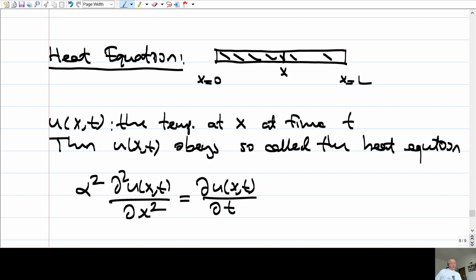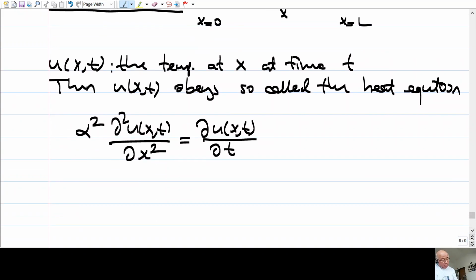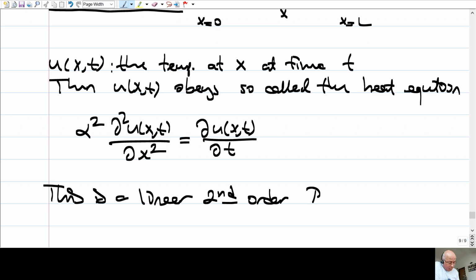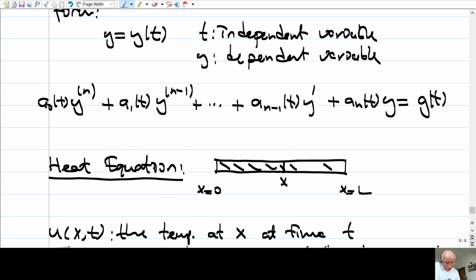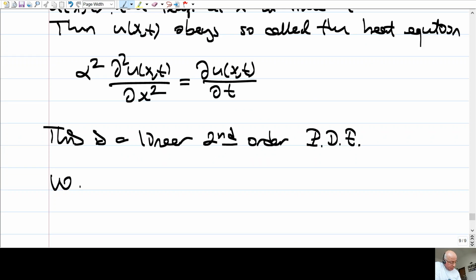Okay, so this is a second order partial differential equation, and you see no two u terms are in product form, so it's a linear equation. This is a linear second order partial differential equation.